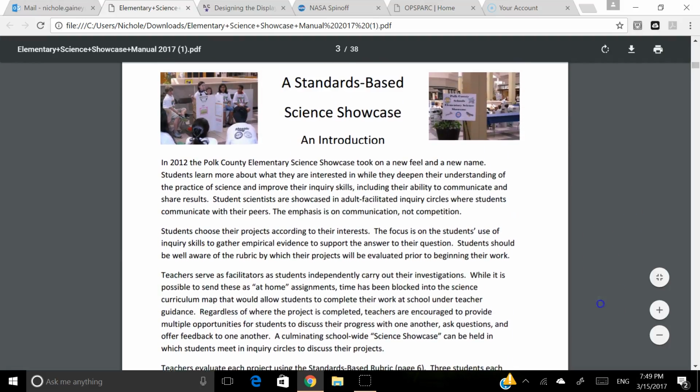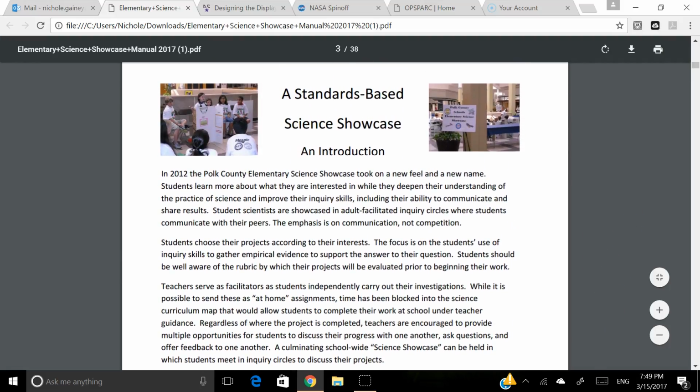So the showcase, the district showcase, for grades 4 and 5 is a little different from what we have experienced in our past careers with the traditional science fair. The students will go, they're not being judged as we were traditionally judged in a science fair.